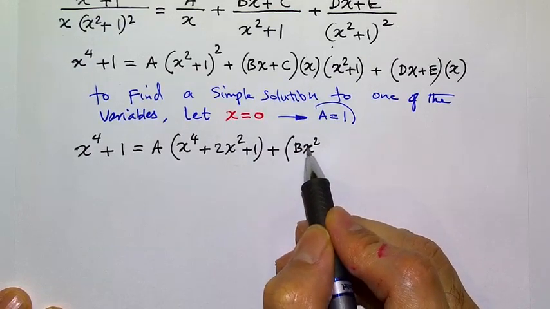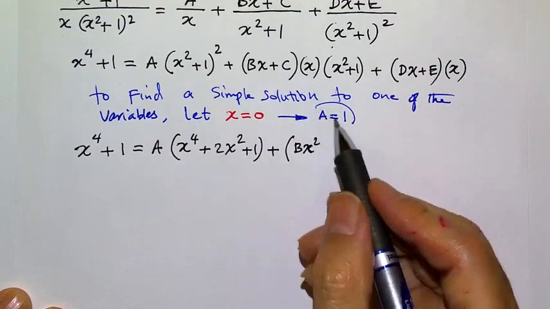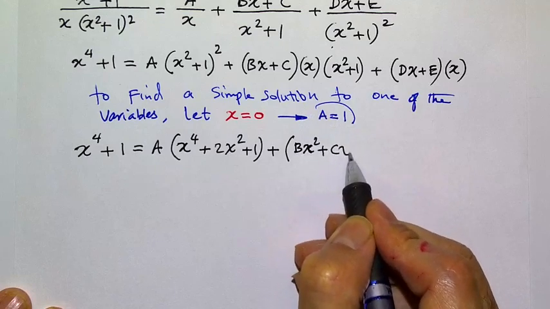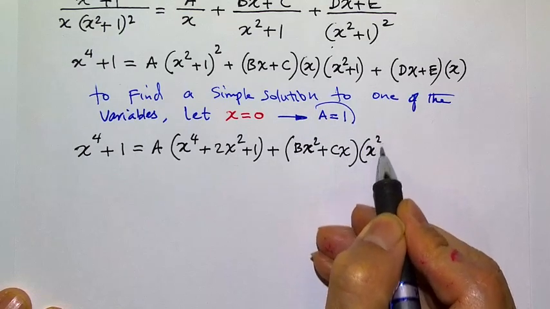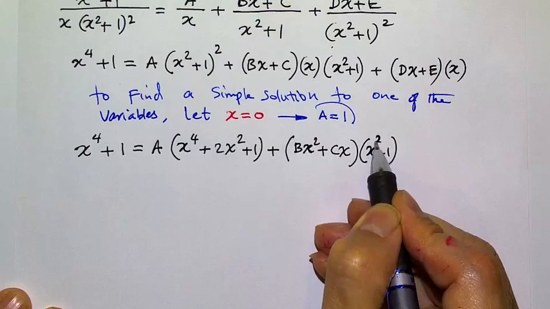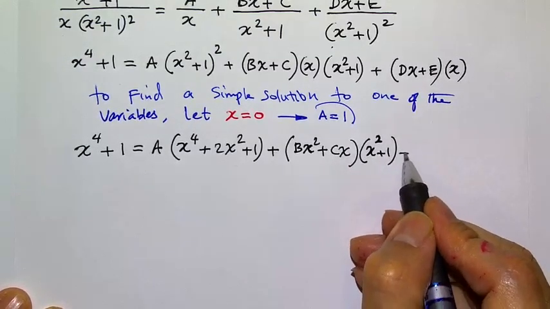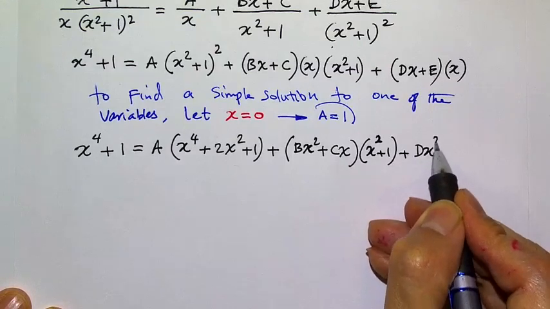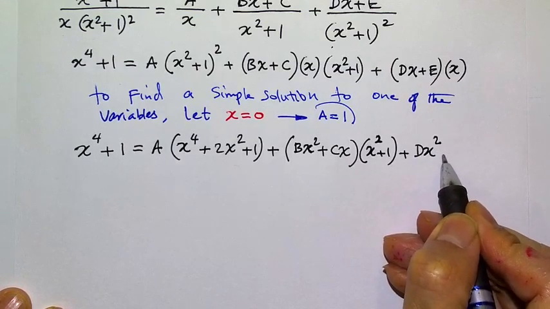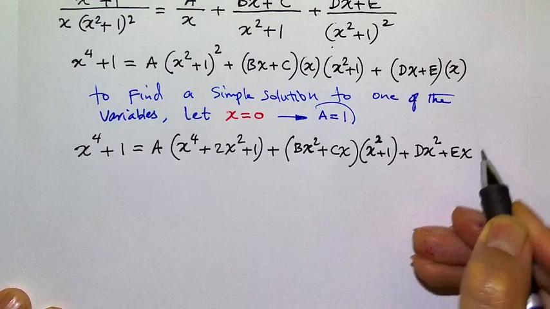Bx squared, and then plus cx times x squared plus 1, and then plus dx squared plus ex.